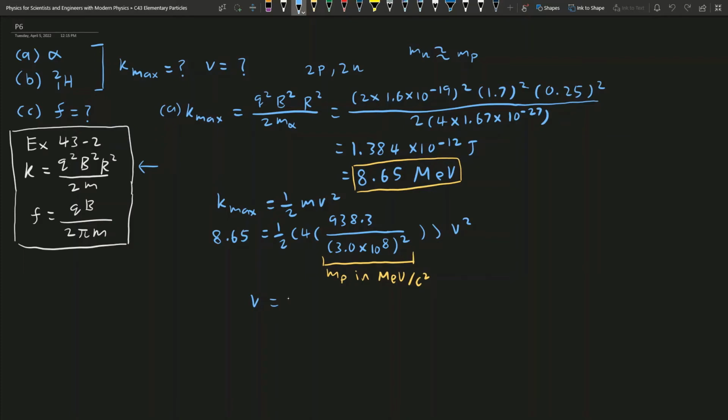I get v equals 2.04 times 10 to the 7 meters per second.